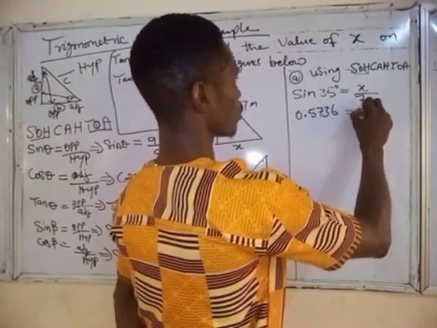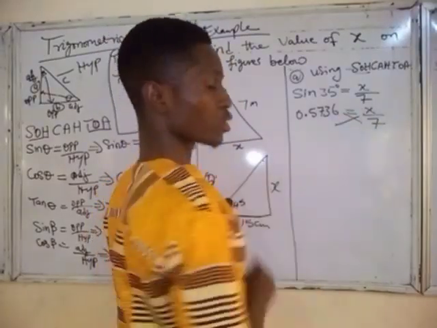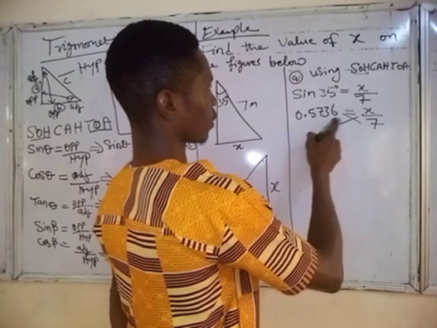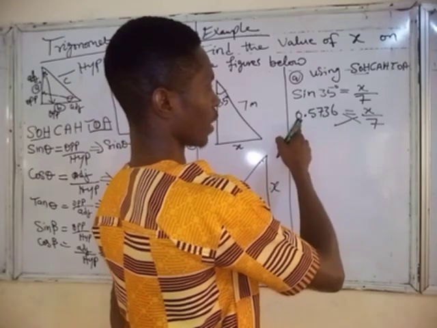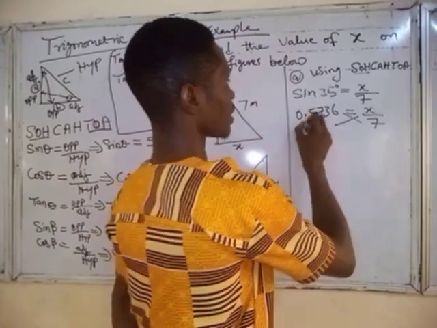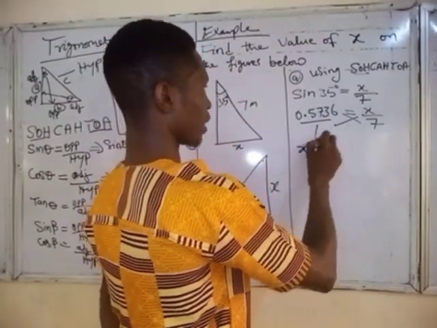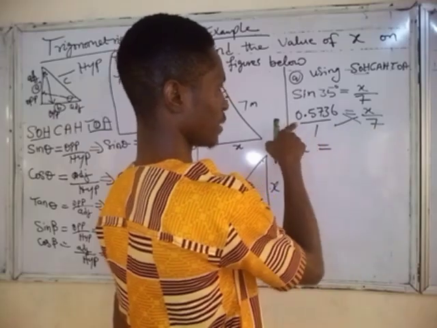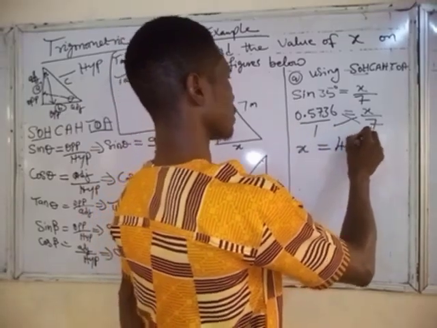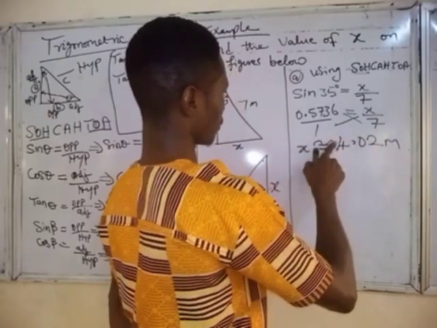So this should be equal to x over 7. So what we do now is we cross multiply. In cross multiplying, 7 comes this way to multiply this, and x comes this way. There is an invisible 1 here. So x times 1 is x equals 7 multiplied by this should give us 4.02 meters. That is approximately.